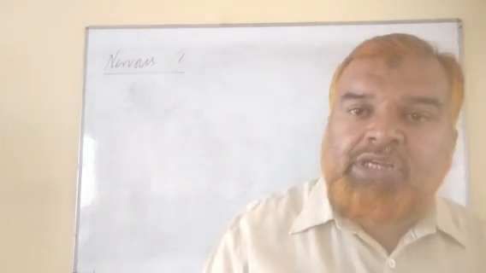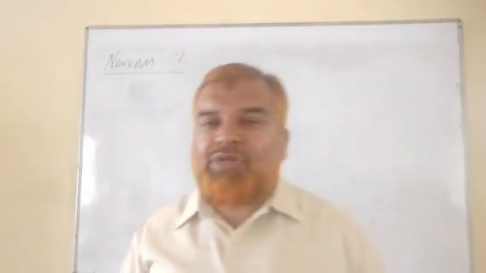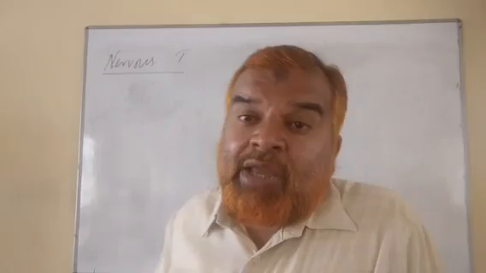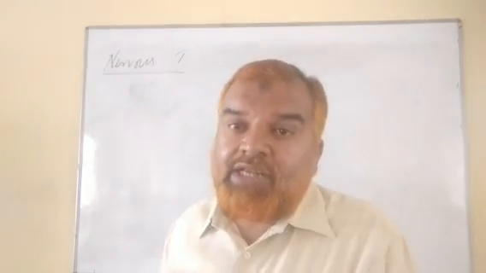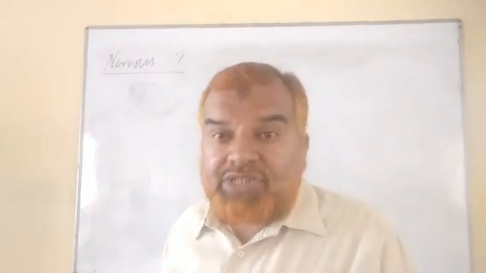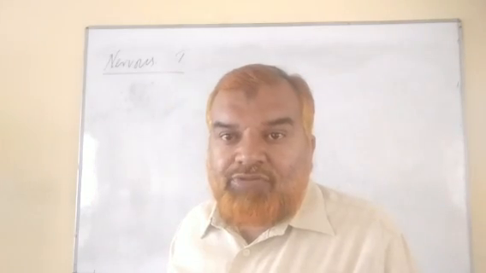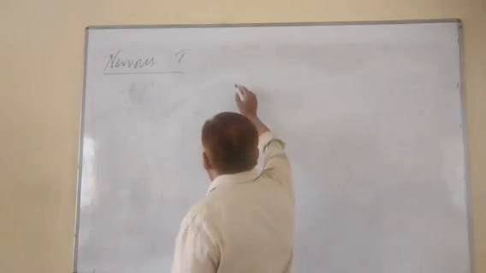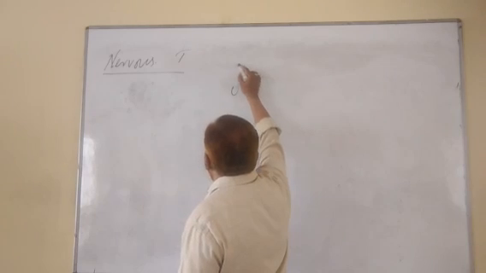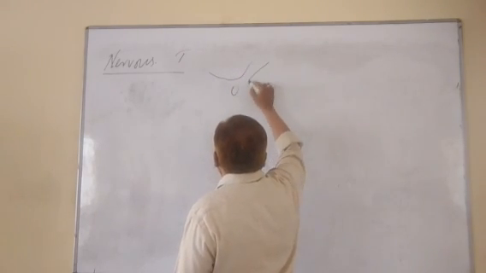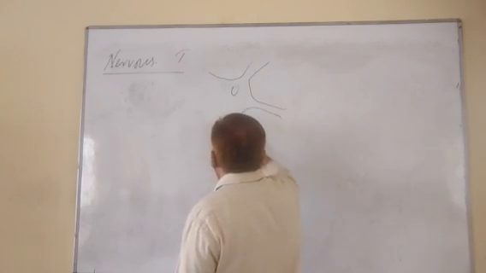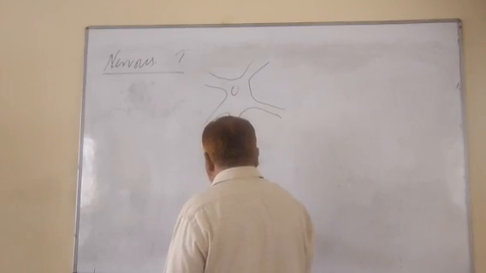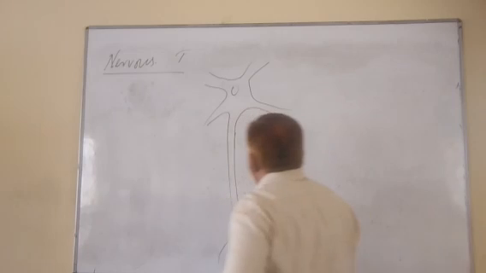Nervous tissue consists of neurons: unipolar neurons, which you come across in lower animals; bipolar neurons, in eyes; and multipolar neurons. You might have studied this in lower classes also. We'll draw a rough diagram of the structure of a neuron.